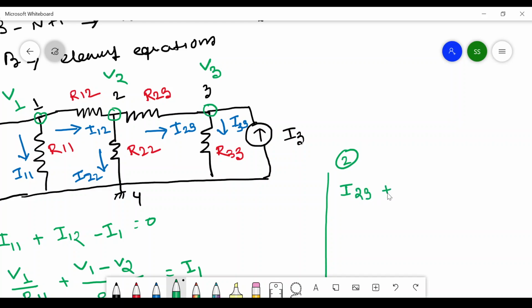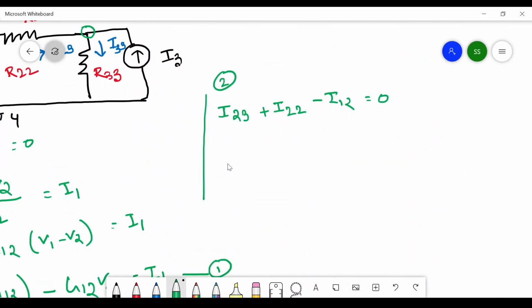These two currents are going out, I23 plus I22, and here it is going in, so it will be minus I12 equals 0.